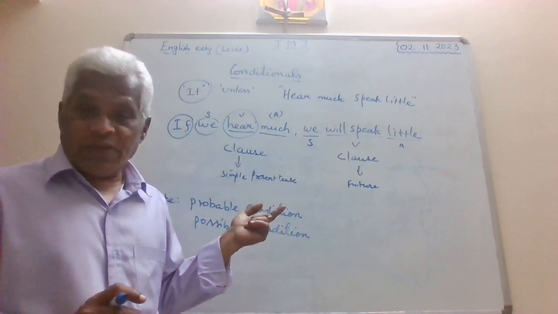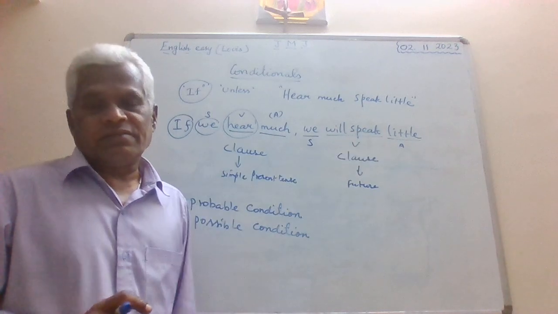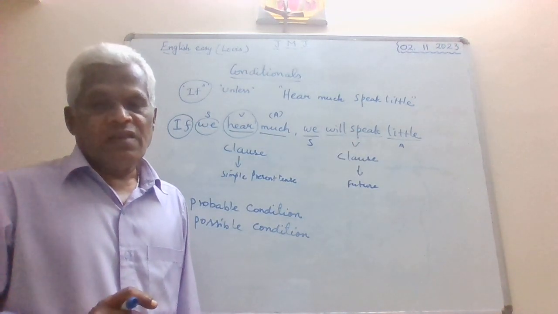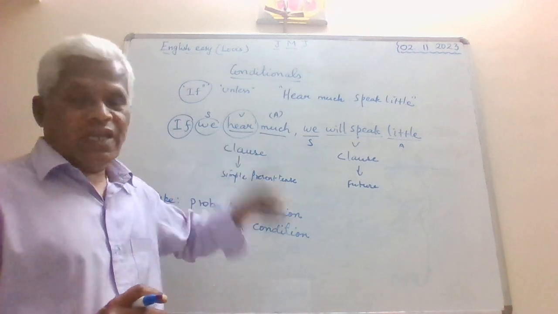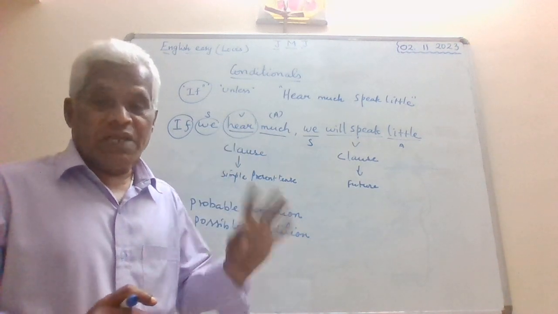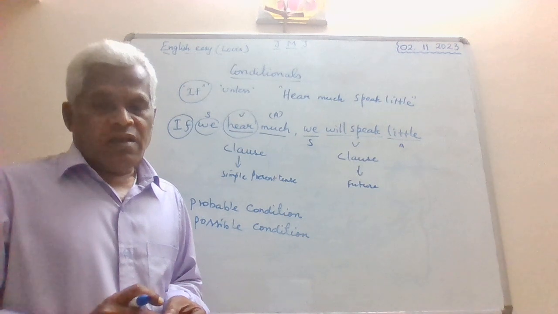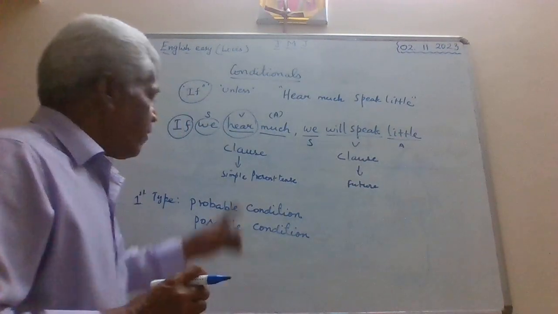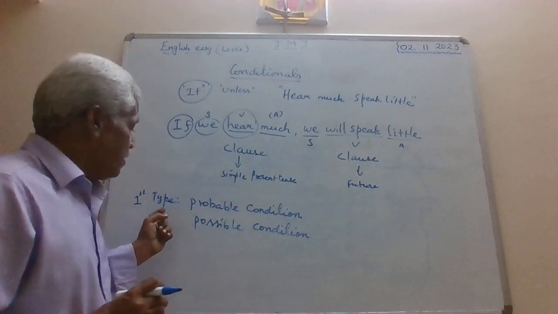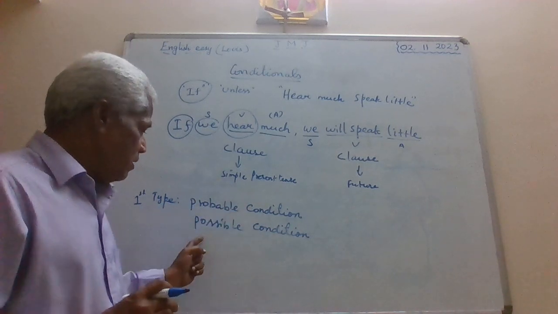So when can we hear much? When we speak little. So if you want to speak little, you must be able to hear much. Alright? So remember, this is the first type, probable condition, possible condition.